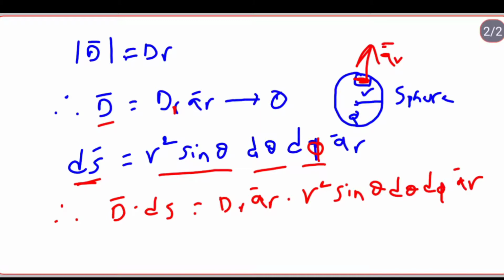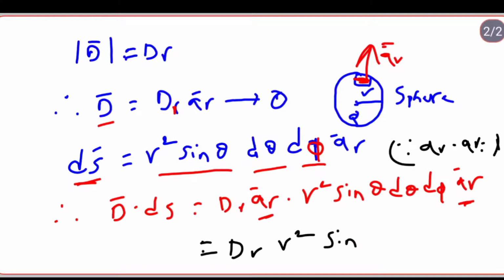Since ar dot ar is 1, similar to ax dot ax being 1, it becomes Dr r squared sine theta d theta d phi. Make it equation number 2.